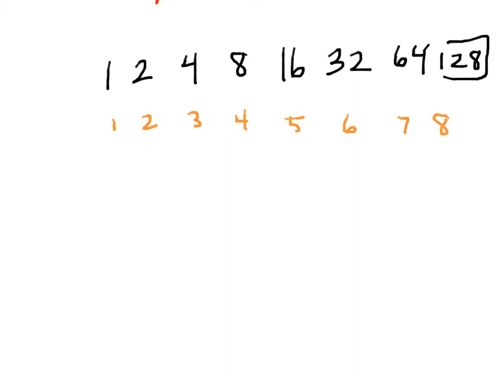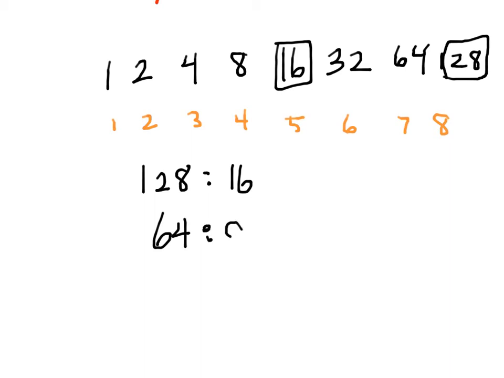We need 128 to 16. 128 to 16 is the same as 64 to 8, I just divided both sides by 2. Now it's pretty obvious I can divide both sides by 8, and I get 8 to 1. So it checks out.